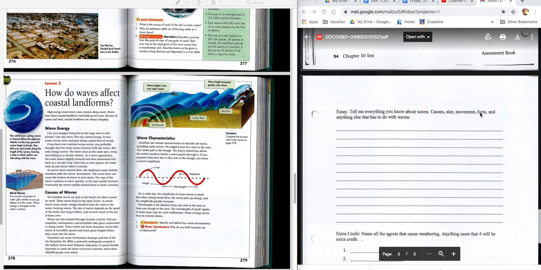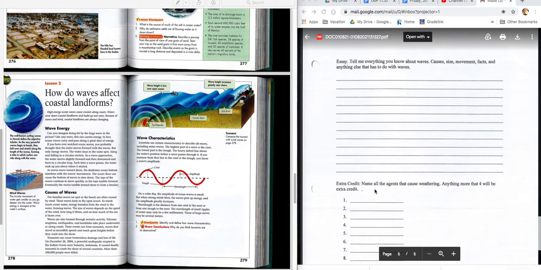You could give me some facts about waves if you wanted to look a few things up. You could use facts from your book, guys. Why we call them tubular, why we call it a breaker, tsunami, things like that. Anything else that you think that we need to know about waves. So this chapter talked about waves in this lesson. We're going to talk about waves again in the future when we move on to microwaves and radio waves and things like that. These features are still the same.